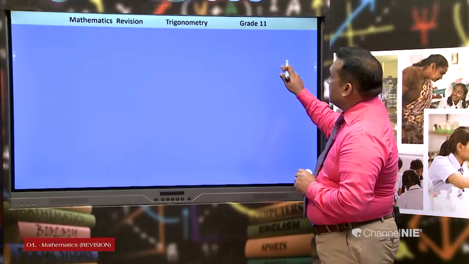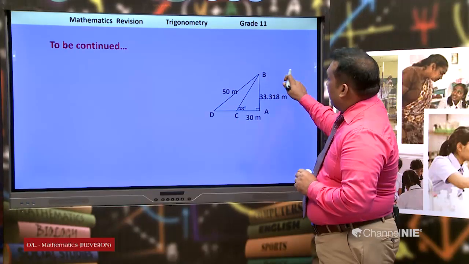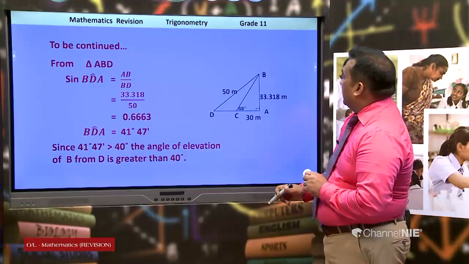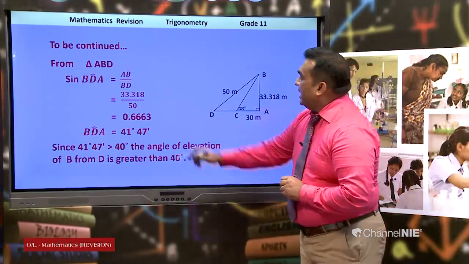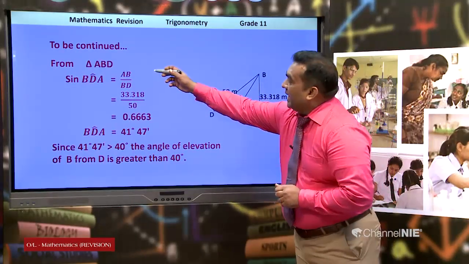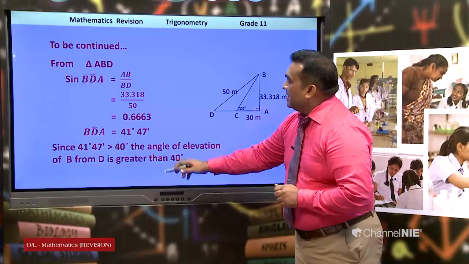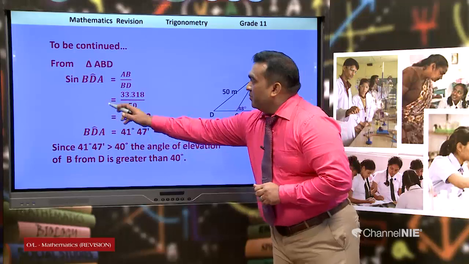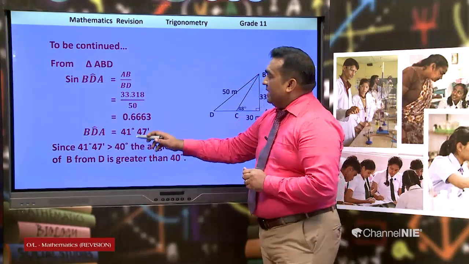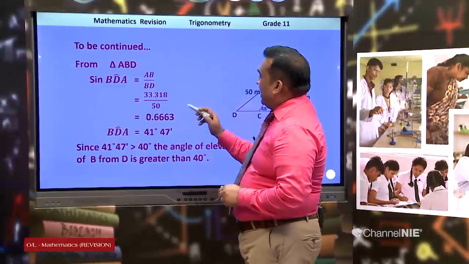From triangle ABD, sine BDA equals AB over BD. Using the given measurements, sine BDA is equal to 0.6663.